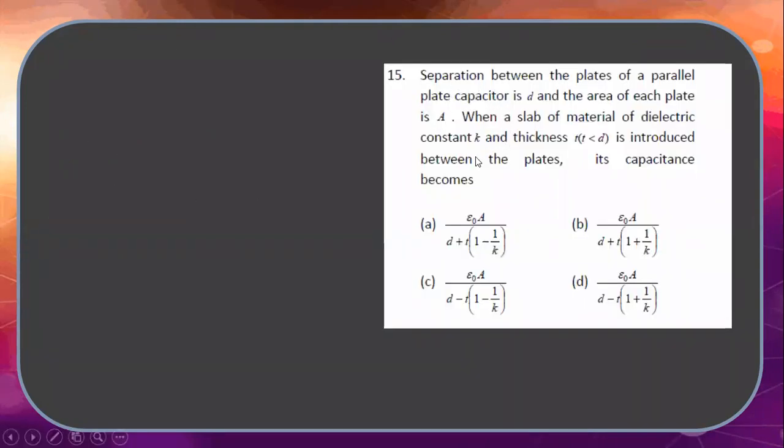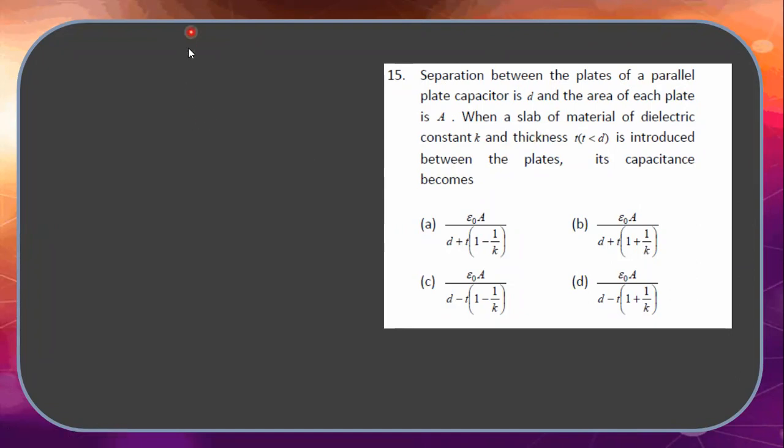This is whenever the separation between the plates of a parallel plate capacitor is D, and the area of each plate is A, and a slab of dielectric constant K and thickness T is introduced between the plates.